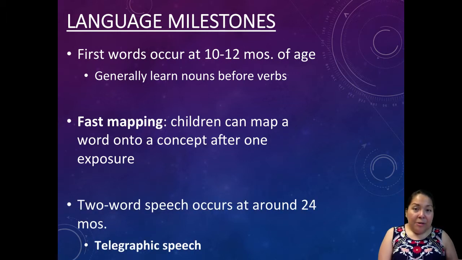Significantly, at 2 years, children begin to form two-word sentences like more milk or throw a ball, and this is referred to as telegraphic speech. Telegraphic speech consists mostly of content words. Despite the absence of function words like prepositions and articles, these two-word sentences tend to be grammatically correct.